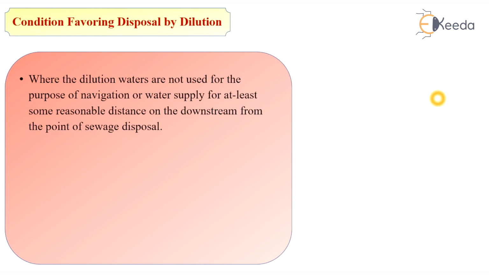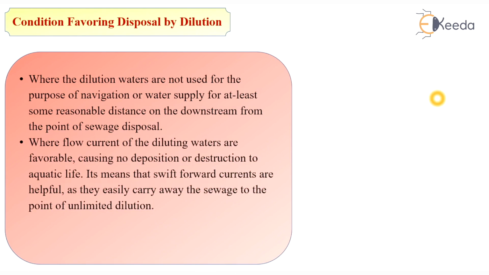Next, where the dilution waters are not used for the purpose of navigation or water supply for at least some reasonable distance on the downstream from the point of sewage disposal. That means that the discharging point, the disposal point, is far away from these navigation or water supply lines.